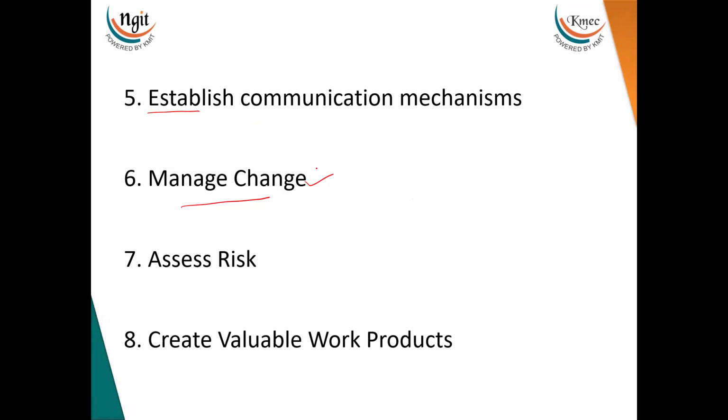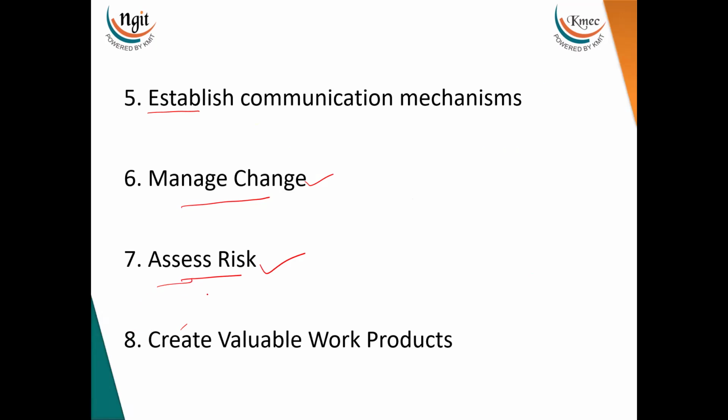And next we have assess the risk. As we know, lots of things can go wrong as software is being developed. So it is very essential for us to establish some contingency plans. If not, you may be in danger. That is what assessing the risk says.